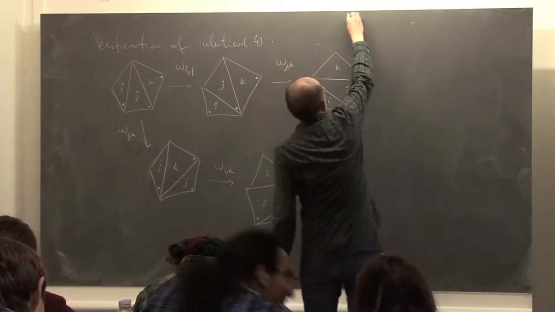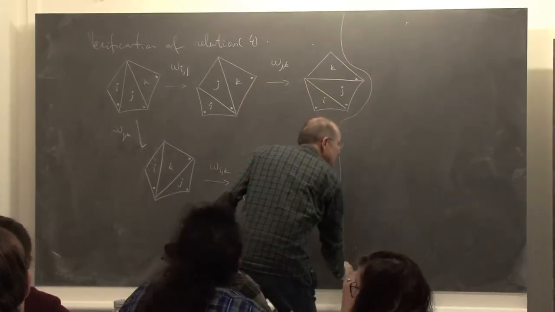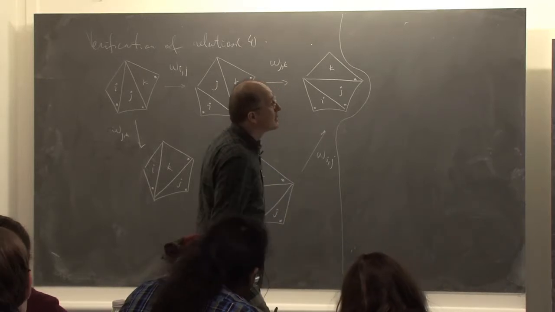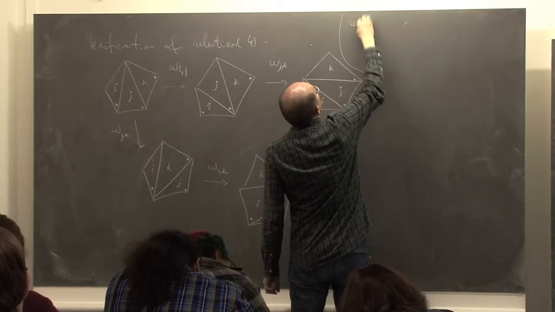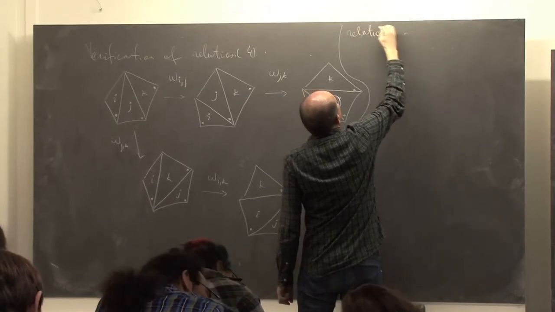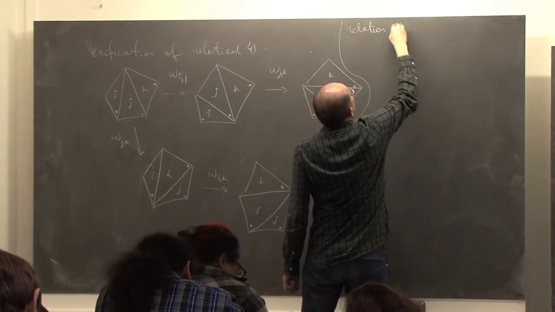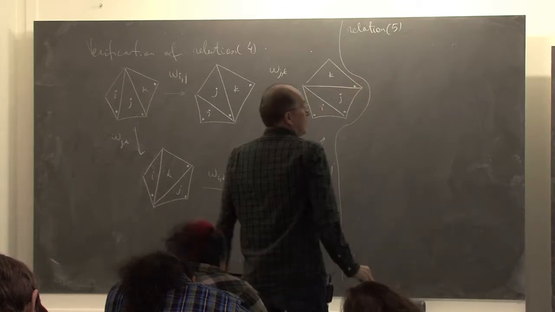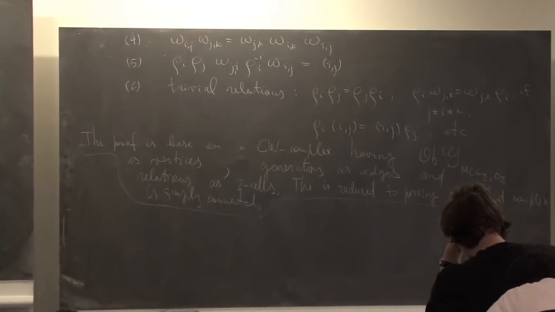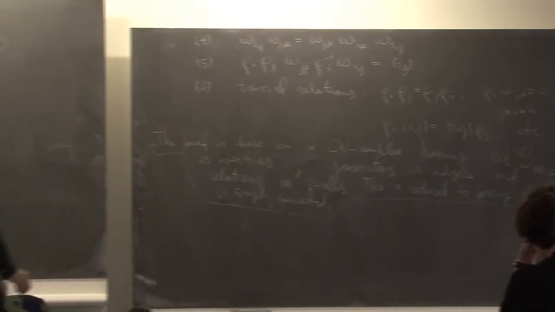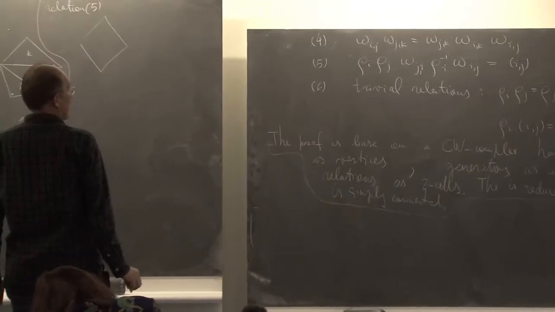Okay, so let me split this blackboard like this and address the relation 5. So we have two indices, ij, so we have two triangles.